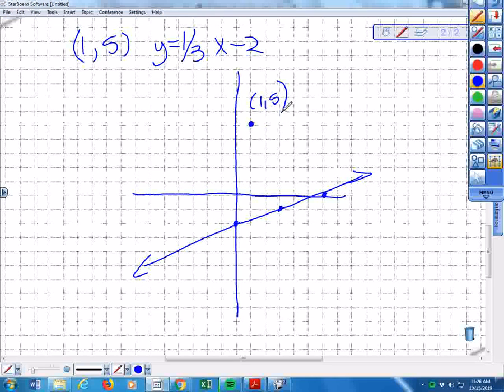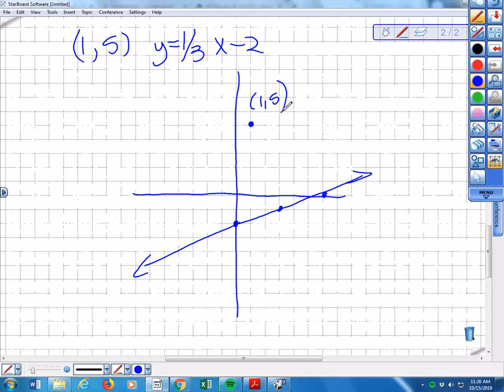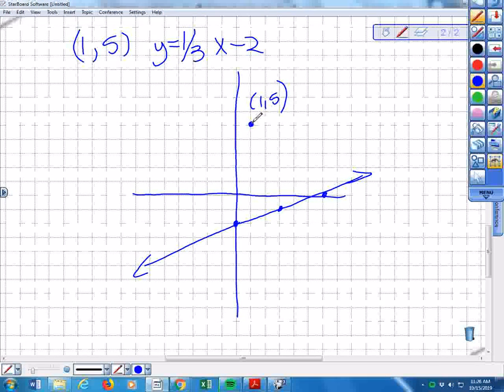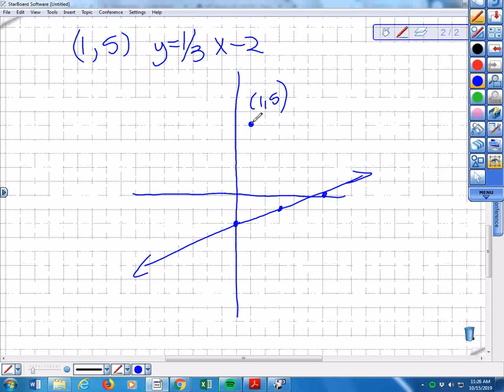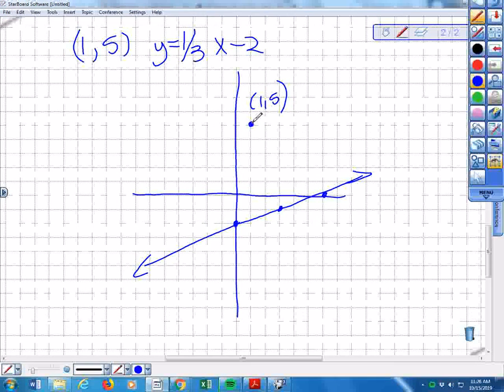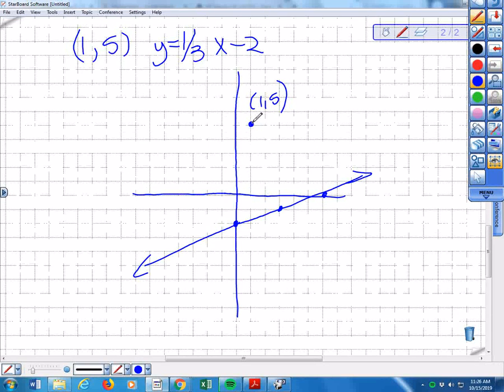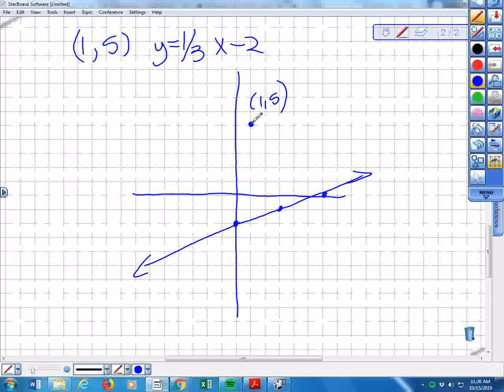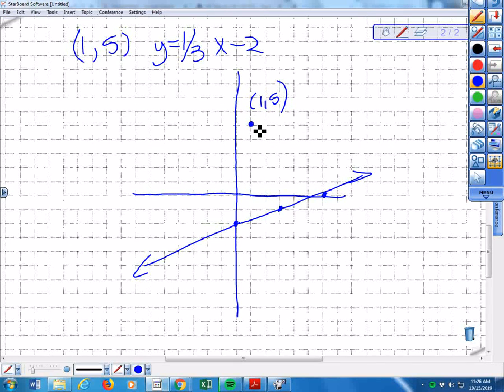So what we're going to do, if we know the line that goes from this point to this line is perpendicular, what do we know about their slopes? They're going to be the exact opposite, so it's going to be -3. Opposite sign and reciprocal. Both. Right? So Caleb, as you said, the slope of the line that goes from here to here is going to be -3, because this slope is 1/3.